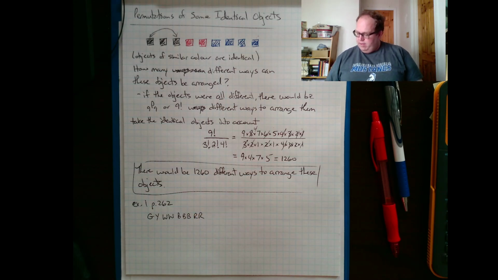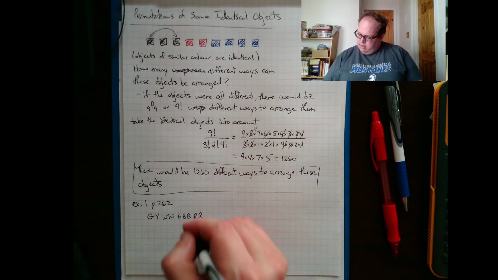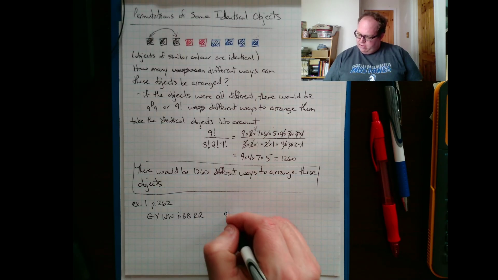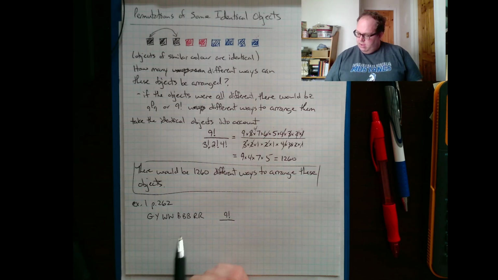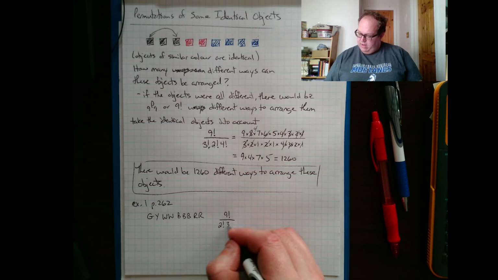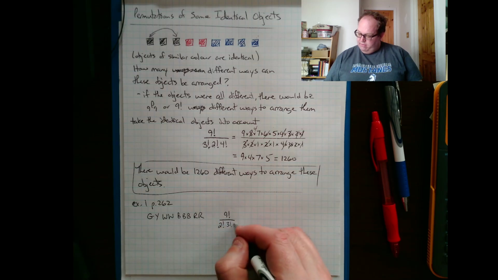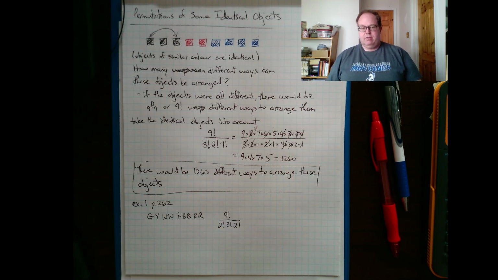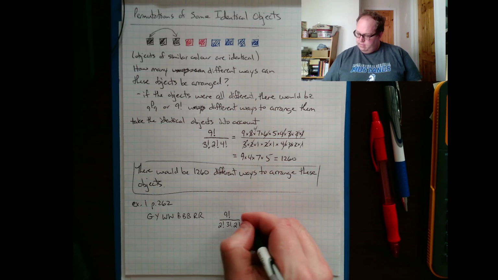Well, how many different ways to arrange this? There's 9 flags, so there'd be 9 factorial ways to arrange them. But to take care of the 2 identical white flags, 3 identical blue flags, and 2 identical red flags, I'd have a statement something like this.